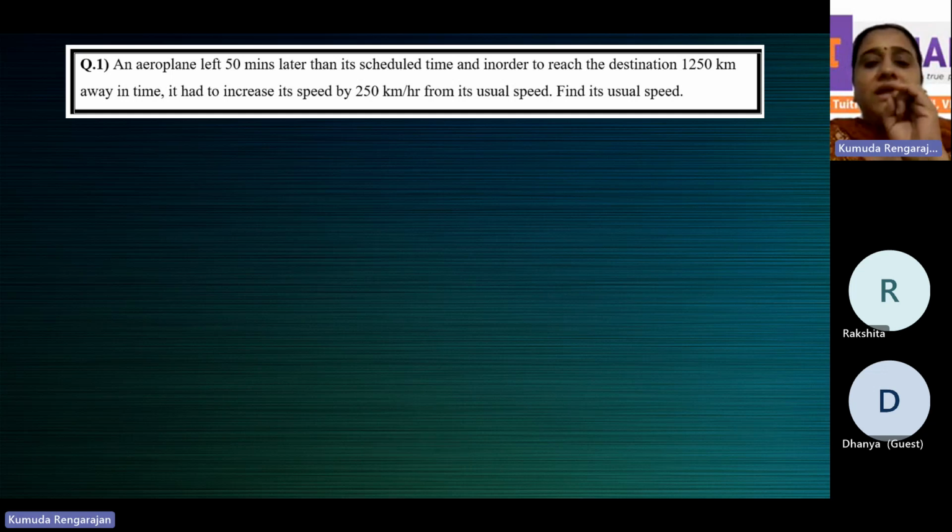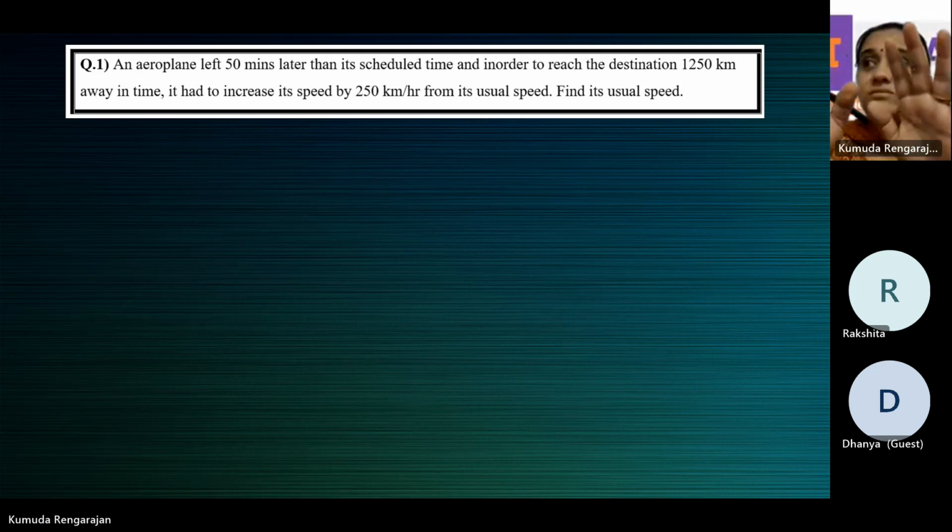See, there is something like usual speed and new speed. Why new speed? Because it started late, so it had to increase its speed. Usual speed is if it starts off at the usual time. But what happened that day? The plane left 50 minutes late, but it had to reach the destination on time.